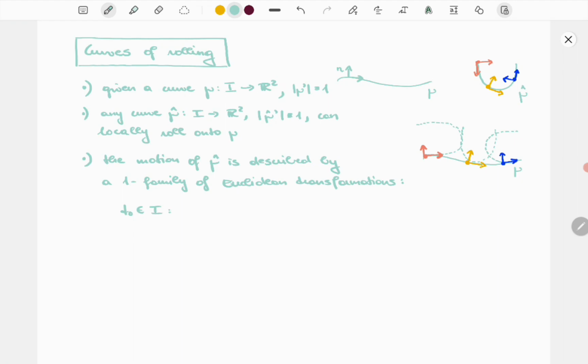We require the following. We require that the point gamma hat at t0 is mapped onto gamma t0. Then the tangent directions are aligned, as well as the normal direction.